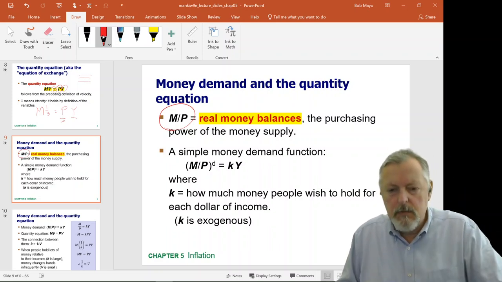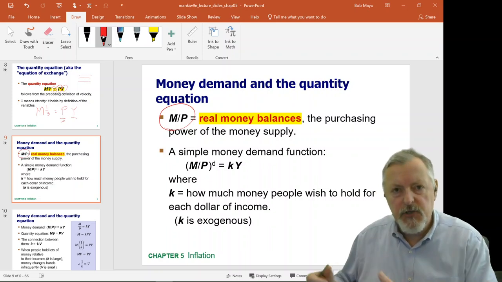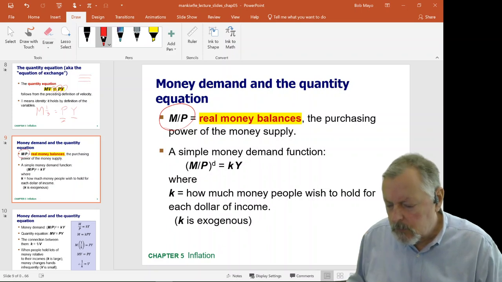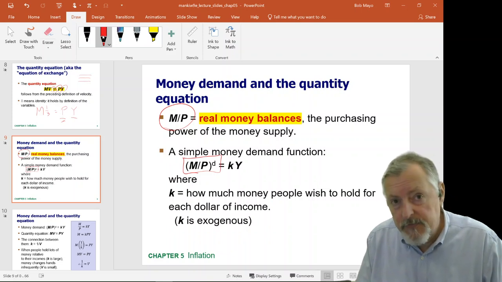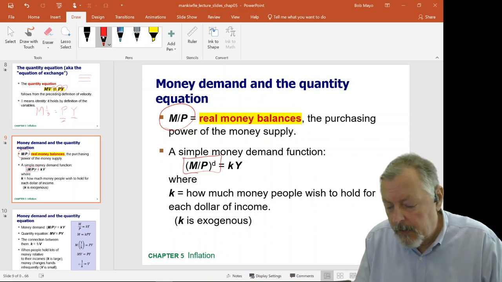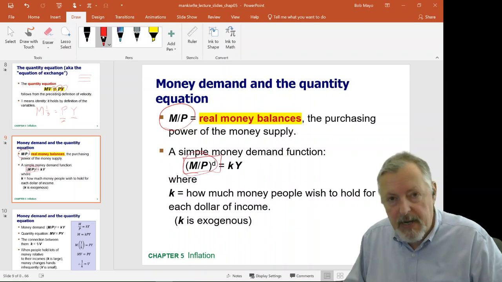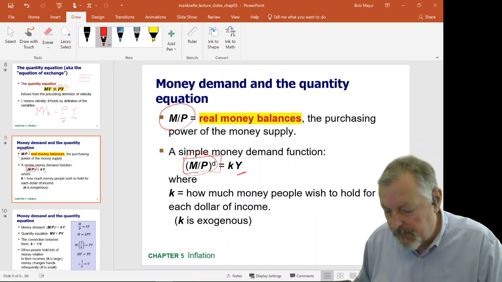People want to have cash because they need cash to make transactions. So this is demand for cash, for real money balances. With this much cash, you can buy everything in the economy.